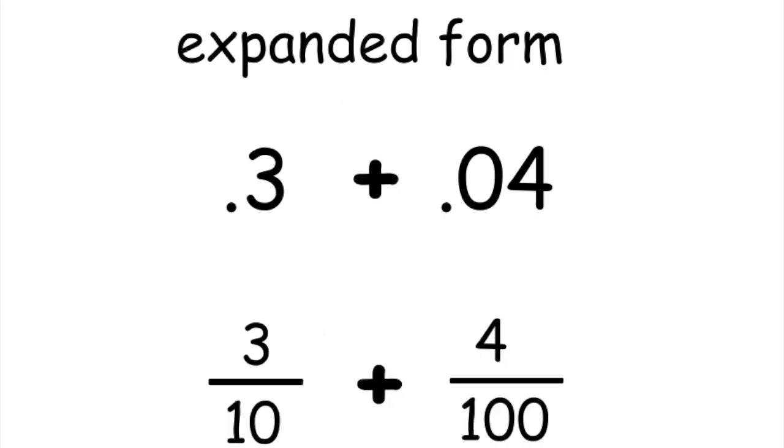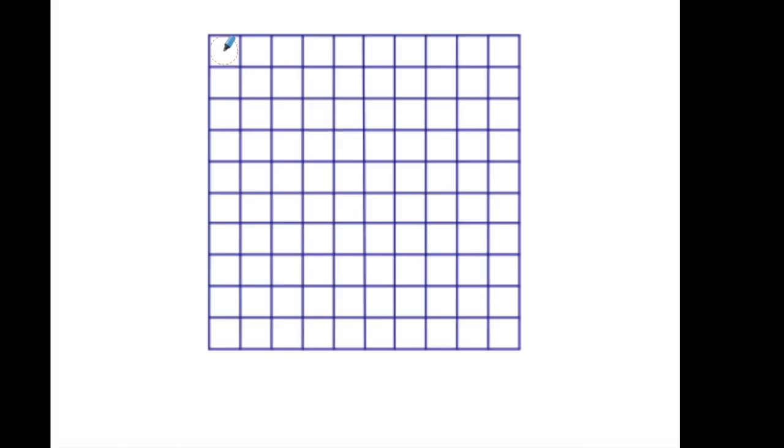Or we could show it in fraction form to show 3/10 plus 4 hundredths. In our first lesson, we decided that we would use orange as our tenths. So to have 3/10 on our unit square grid would look like this. 3/10.